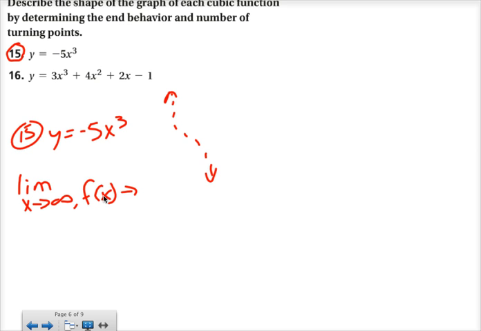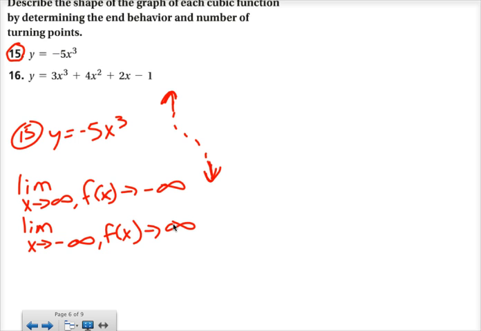Well, as you go to the right forever, you see that this is going down, so that will be negative infinity. And then the limit, pardon me, as x approaches negative infinity, as we go to the left on our graph, we are going up. So that is positive infinity.